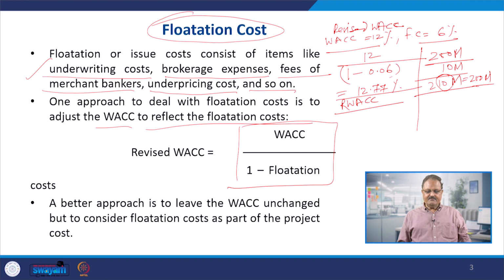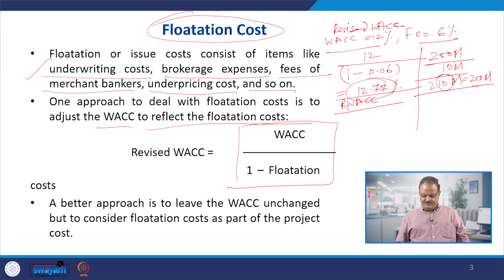Normally your weighted average cost of capital is, say, 12%, but when you add the flotation cost, this becomes 12.77%, and the expected rate of return from the project is 12%. So despite being a very good opportunity, this will become a rejectable opportunity because the net present value will become negative, and the internal rate of return available from the project would be 12%. Your weighted average cost of capital is 12.77%, so you will reject the investment opportunity, right?